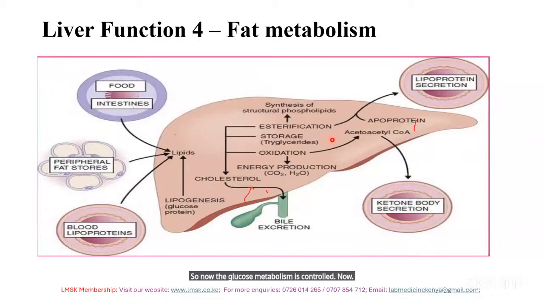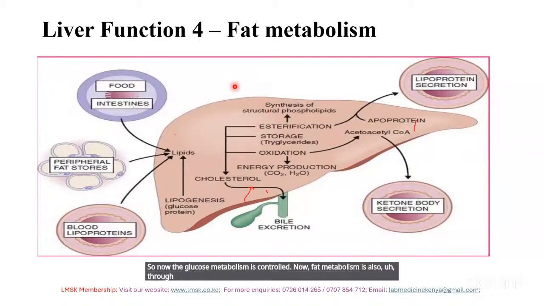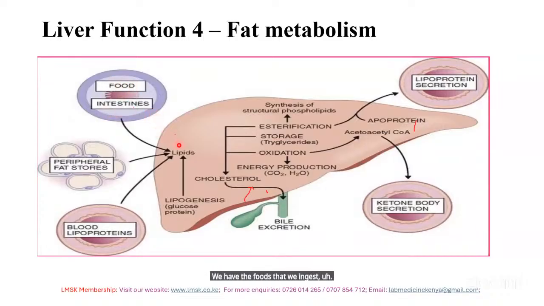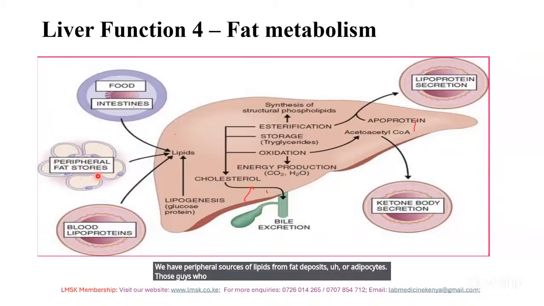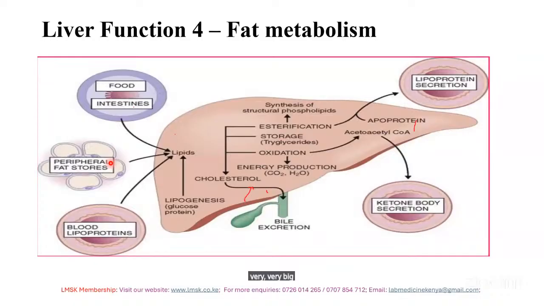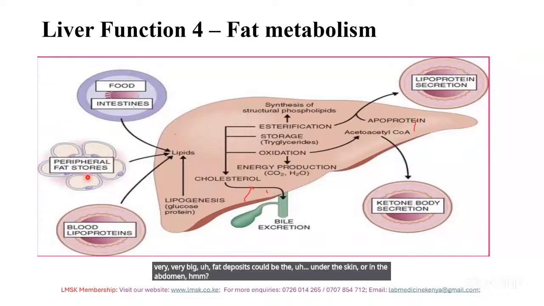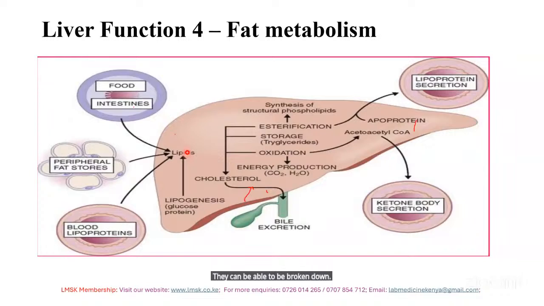Now, fat metabolism is also through cholesterol control. We have the foods that we ingest that are maybe rich in lipids. We have peripheral sources of lipids from fat deposits or adipocytes. Those who have very big fat deposits, under the skin or in the abdomen, can have them broken down to help in the control.